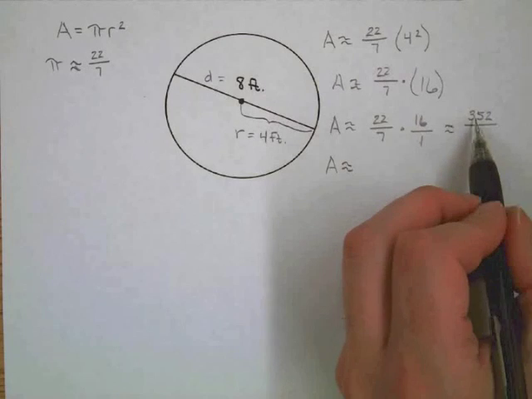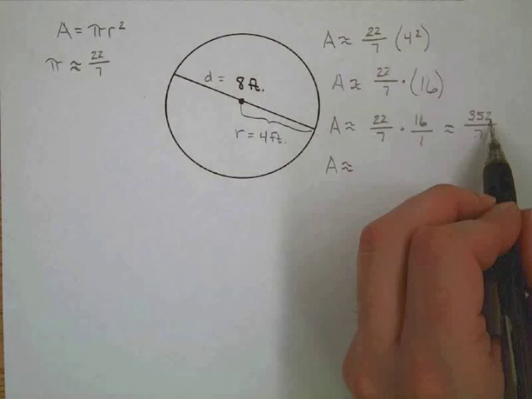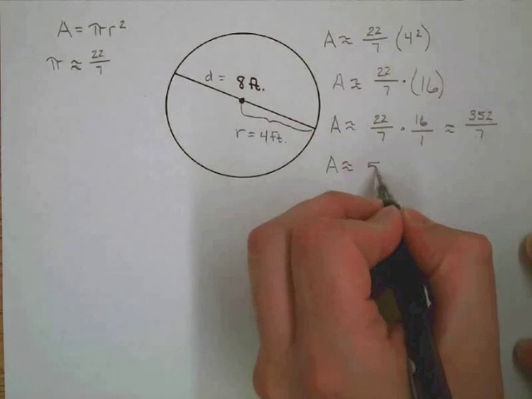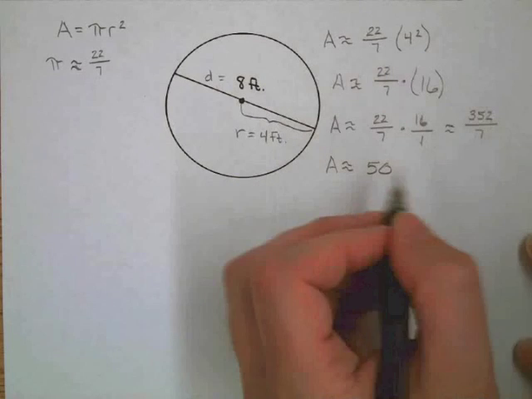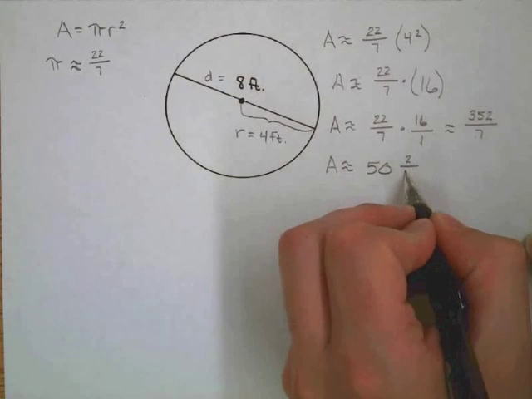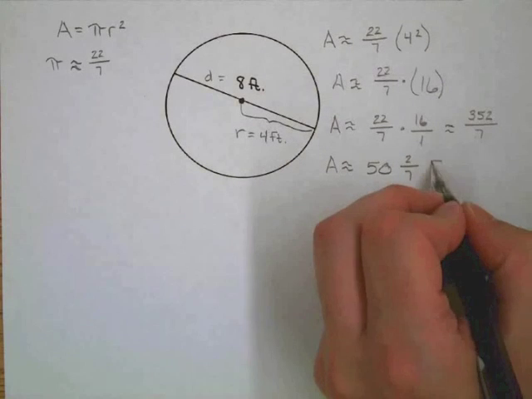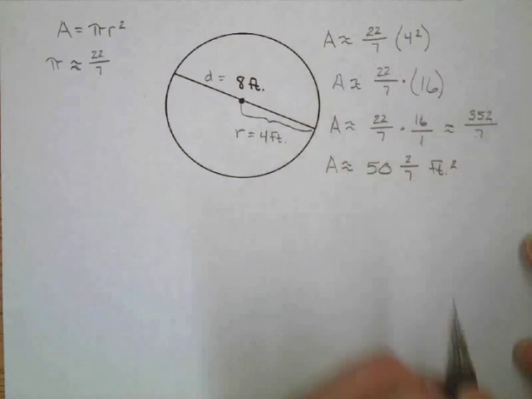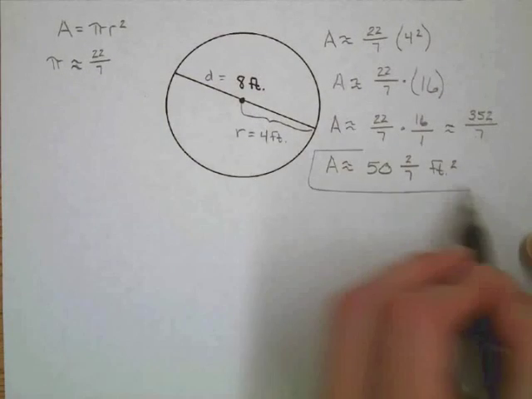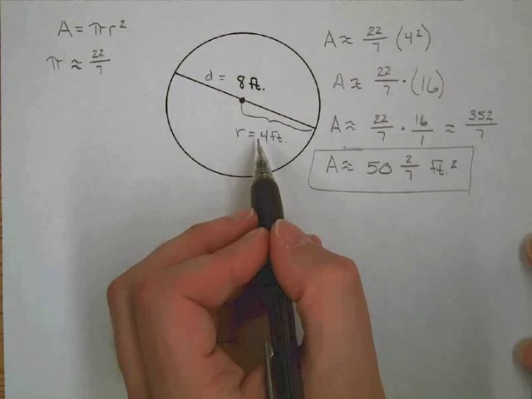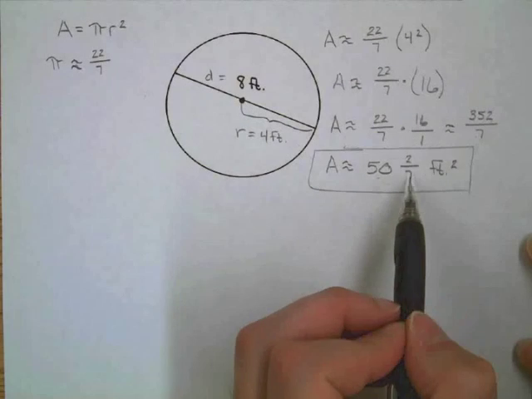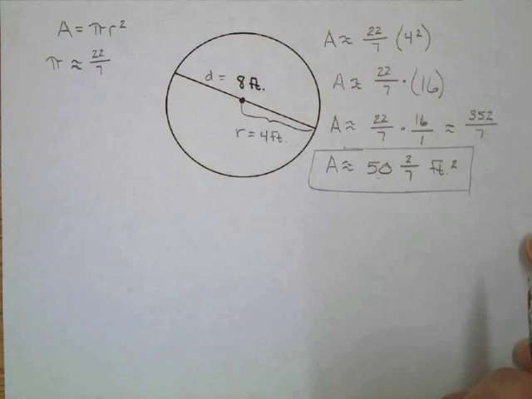Well, 7 goes into 350 50 times. 7 times 50 would be 350, and that leaves me with 2 sevenths left over. And I'm working in feet, so my units are square feet. So the approximate area of this circle is 50 and 2 sevenths square feet.